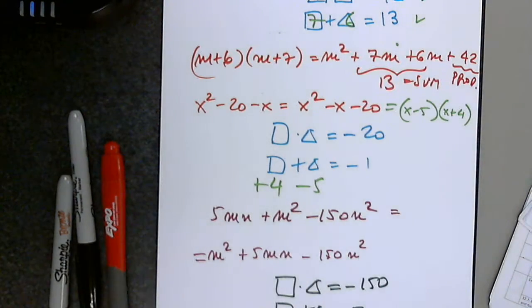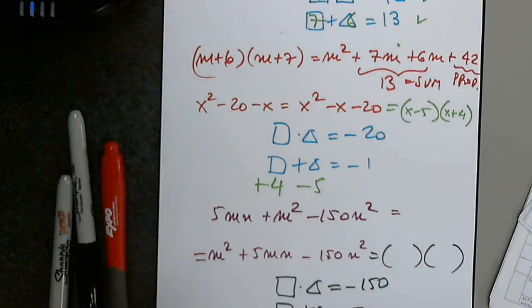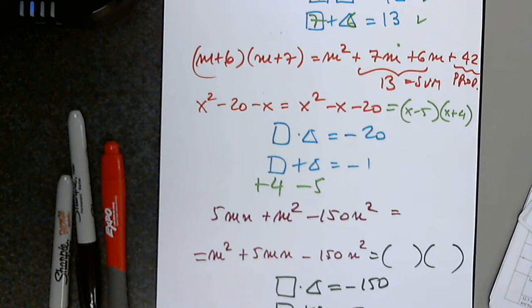Since the product is negative, one has to be positive and one has to be negative. Since the sum is positive, the positive number is bigger. Positive 15, negative 10. So 15 minus 10, then I know how to factor.